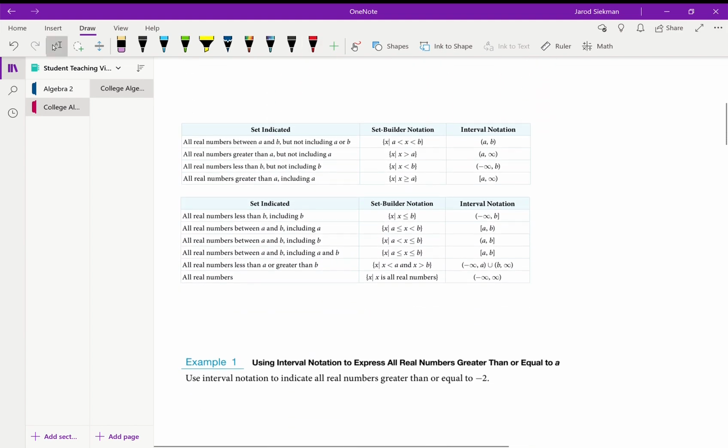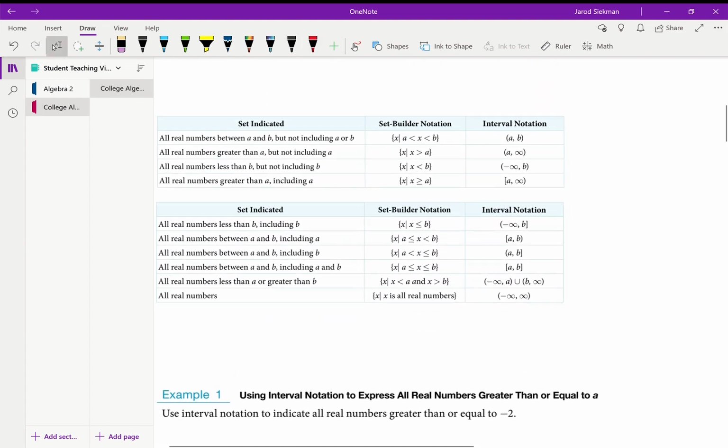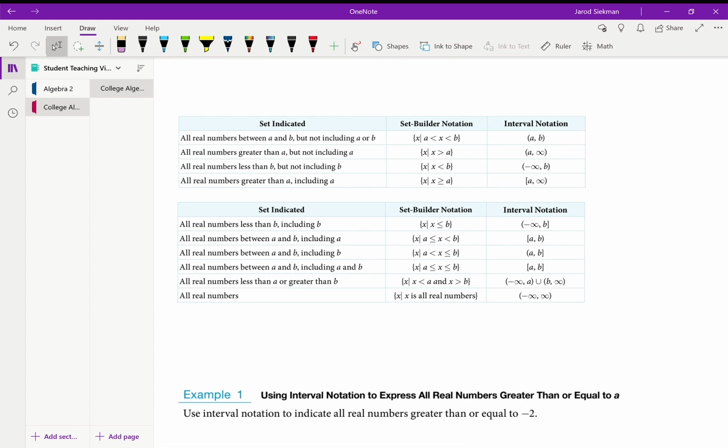So let's look at some examples. I recommend pausing the video, taking a picture, or writing these down, but it shows us a set indicated in the set builder notation as well as the interval notation. But we're going to mainly focus on the interval notation. So all real numbers between a and b, but not including a or b.